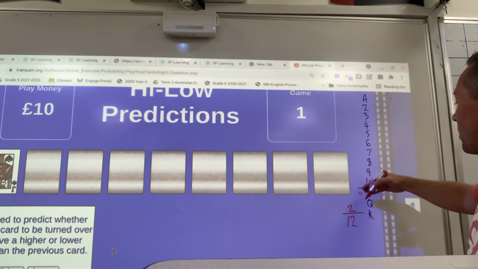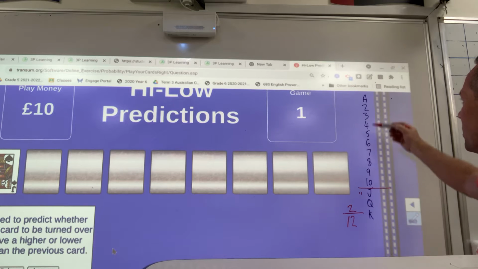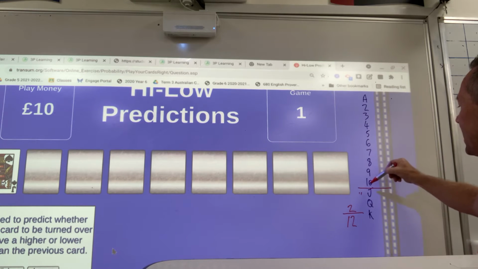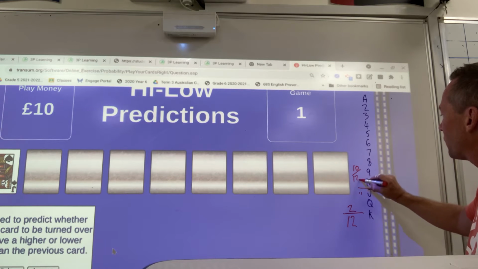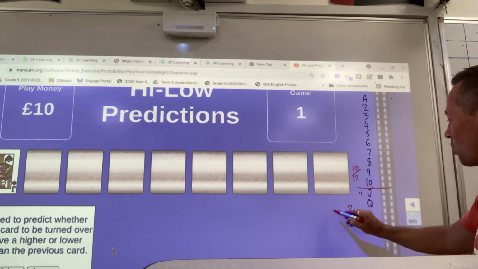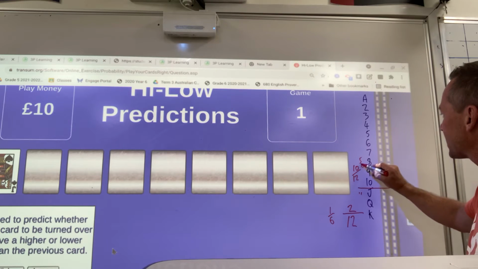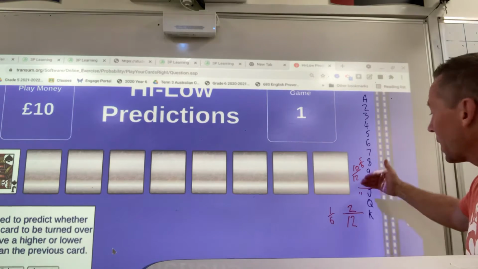To turn something over that's lower than a jack, I have 1, 2, 3, 4, 5, 6, 7, 8, 9, 10. I have 10 chances out of 12. If I simplify these fractions, it's the same as saying 1/6, or here 5/6. So clearly, the favourite one would be lower than jack.